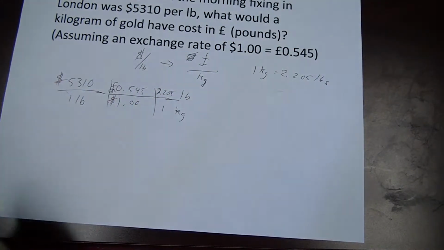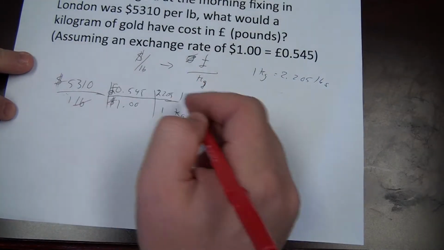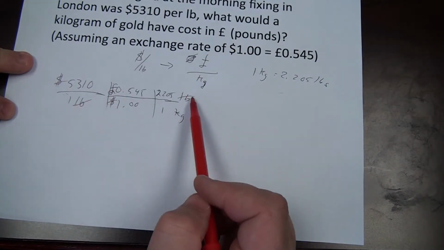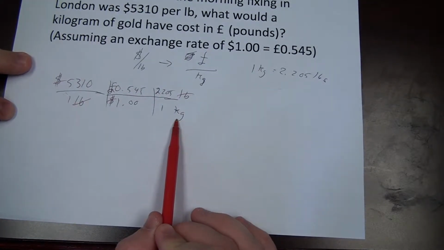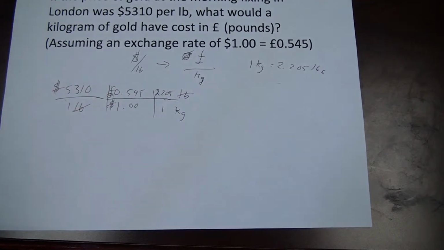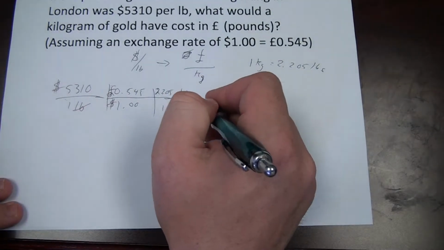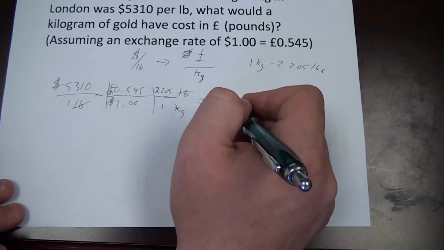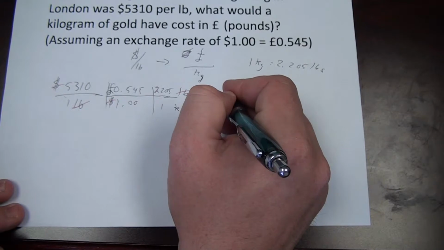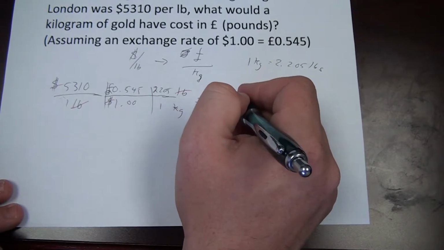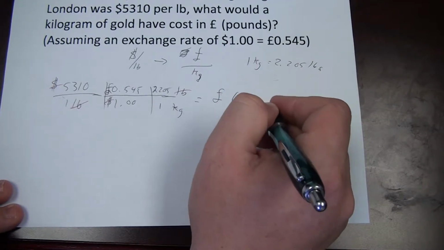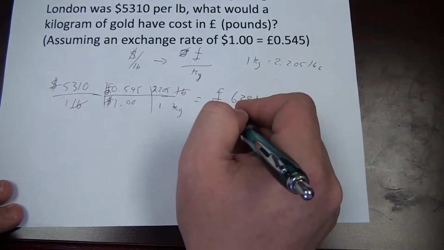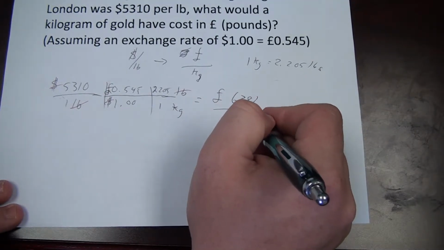Now our units of mass, pounds, cancel, and we're left with our units of British pounds per kilogram of gold. Right, so we do the math there. We come up with 6,381 pounds per kilogram of gold.